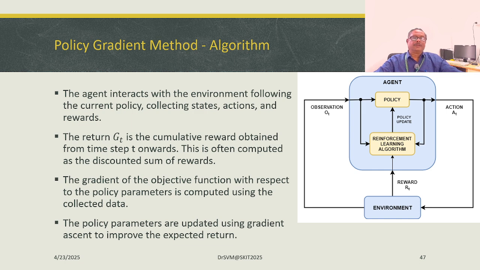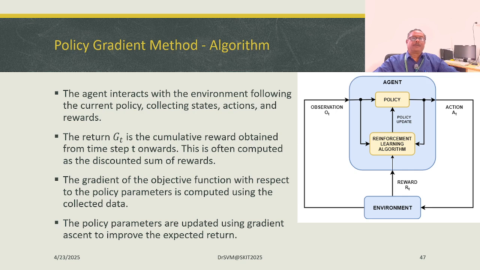To reach the global maximum, what we can do is, on the objective function surface, find the gradient at the point where we are currently, find the direction in which the objective function is increasing, and keep moving in that direction.